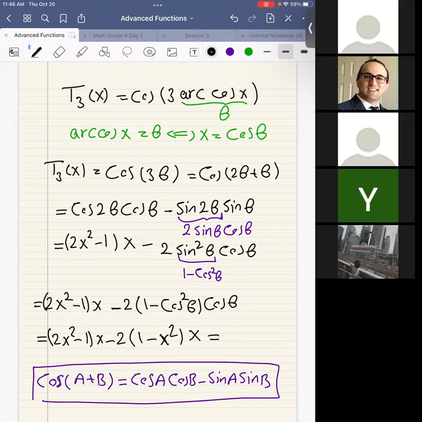If you simplify, you would get 4 times x cubed, and then minus x, sorry, x, this would be x cubed. I guess it's minus 3x.